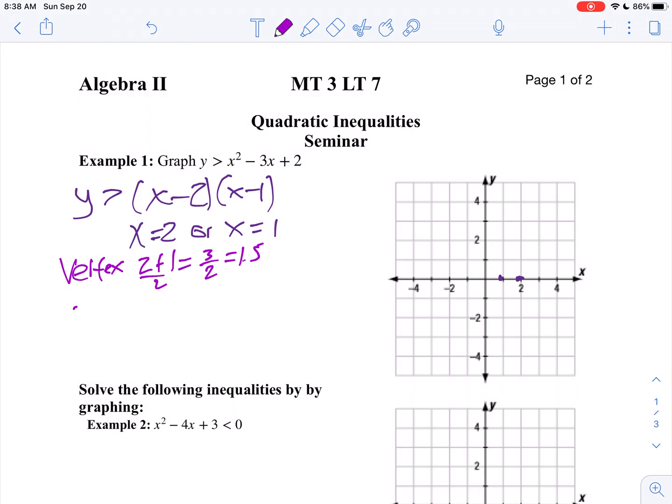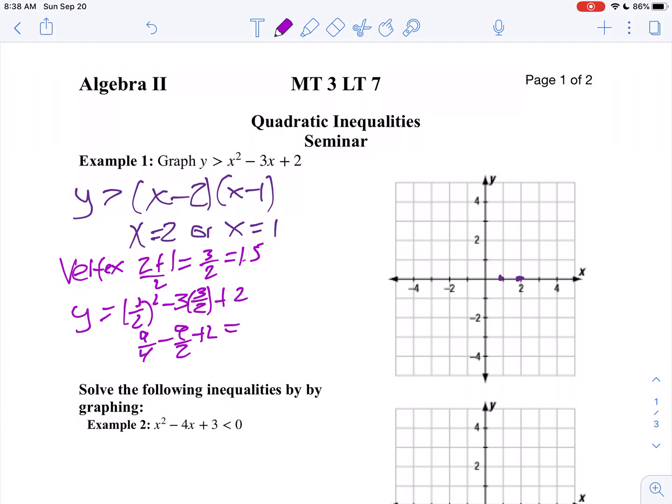So I'm going to say y equals 3 over 2 squared minus 3 times 3 over 2 plus 2. Well, 3 over 2 squared is 9 over 4, minus the 9 over 2, plus 2.